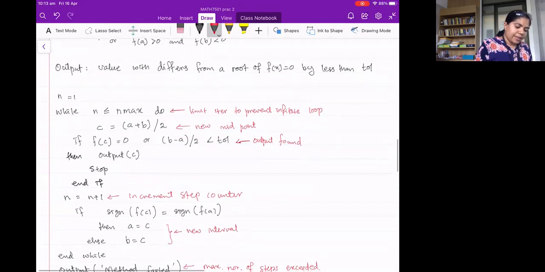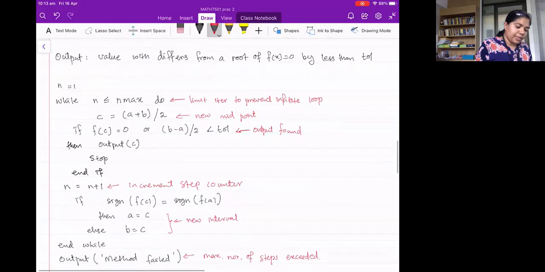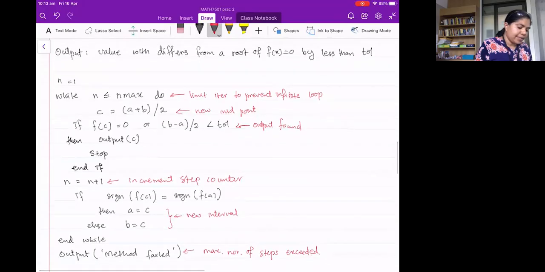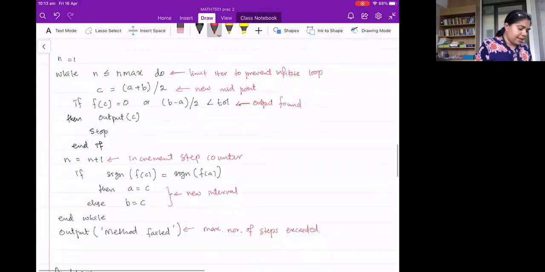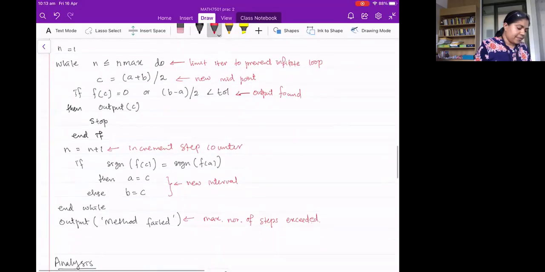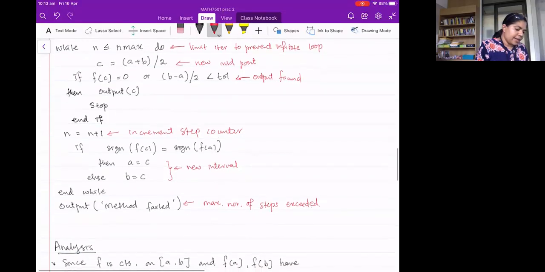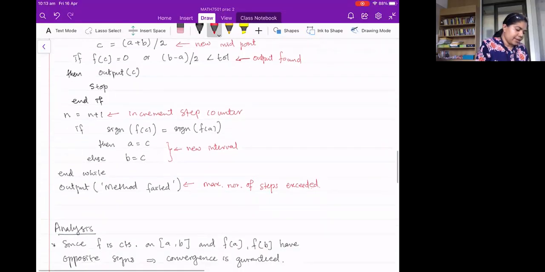Then output the value which differs from a root of f(x) = 0 by less than the tolerance. The video which I will show you explains very clearly how to implement all these steps in Mathematica, for an example which is quite complex. You start with n equals 1 and have a while loop to compute the new midpoint and check the condition.